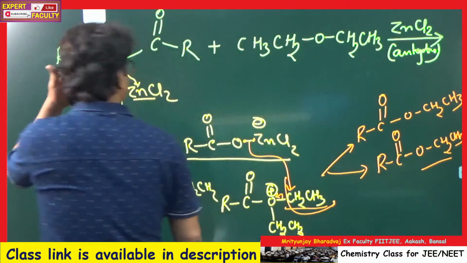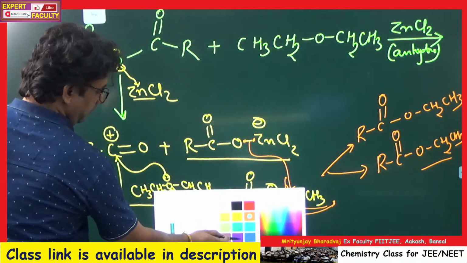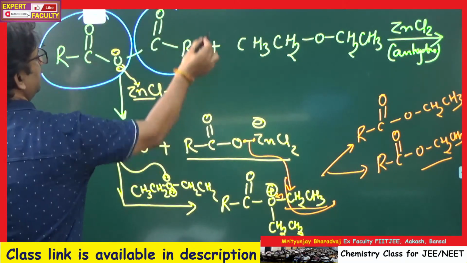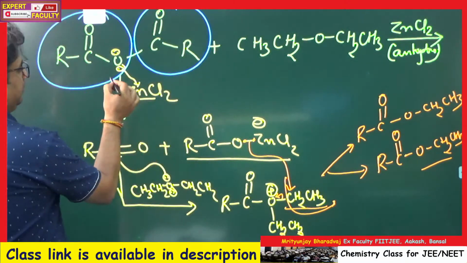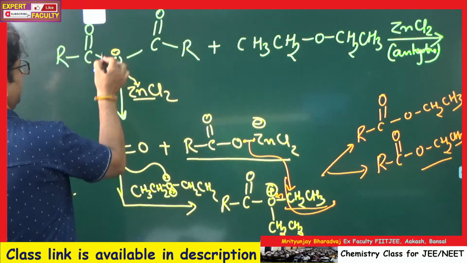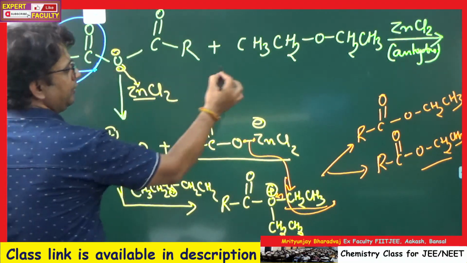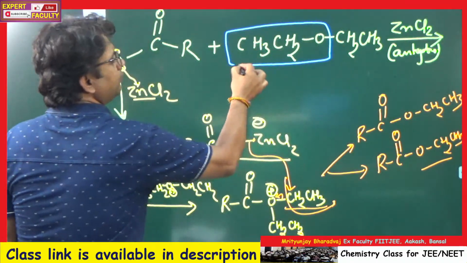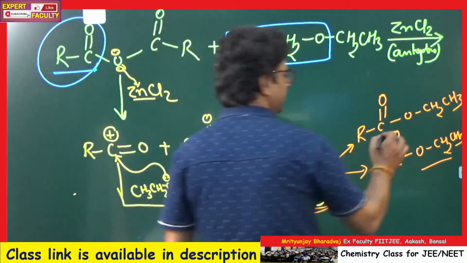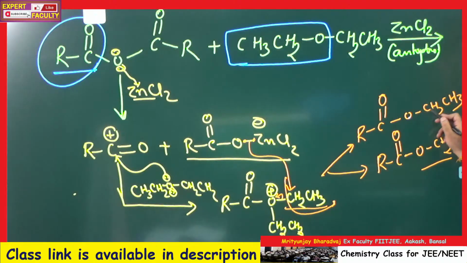So if we check this reaction in totality, what we will see? We will find that this is the anhydride. In this anhydride, this alkyl group with the C double bond O gets the alkoxy group and becomes ester. The final product is ester. You can check, these are C double bond O, single bond O, CH2, CH3.